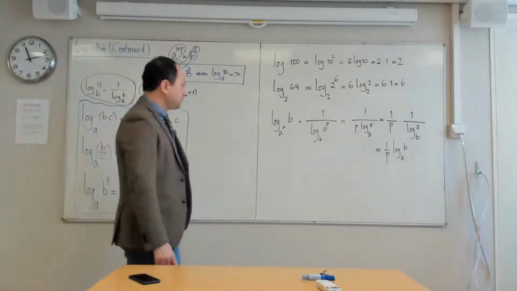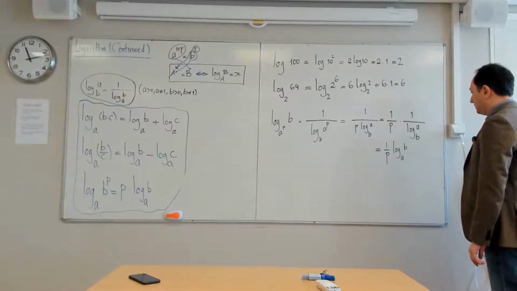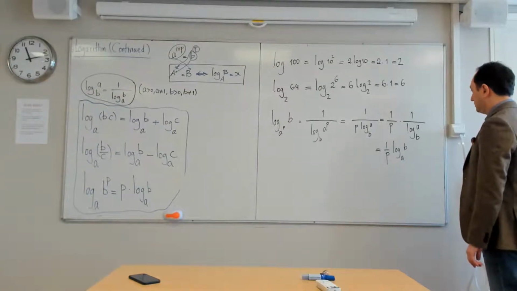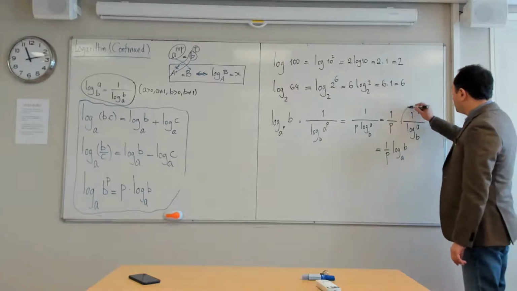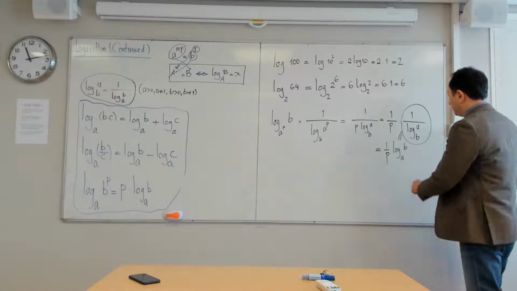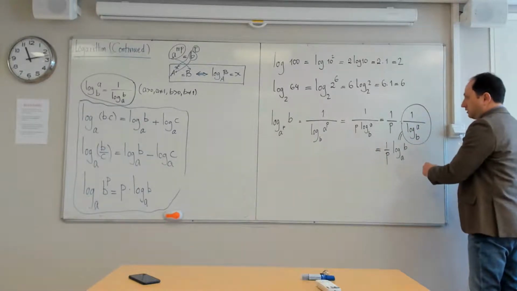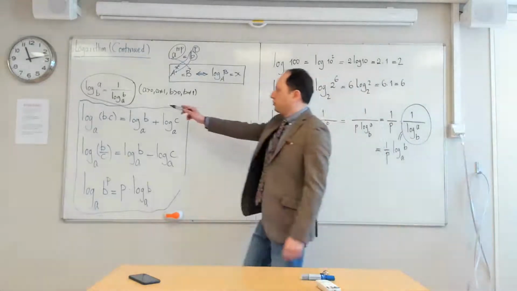Pardon? The last step. How do you get from 1 over p to 1 over p times 1 over log? Yes, this one is equal to this one. Yes? Because of the fourth formula. Because of this fourth formula, yes.